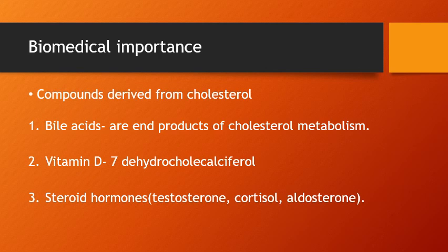Another important group derived from cholesterol is the steroid hormones, especially testosterone, cortisol, aldosterone and progesterone. All these steroid hormones come from cholesterol. Along with these, it also plays an important role in the formation of the cell membrane. So this is the significance of cholesterol.